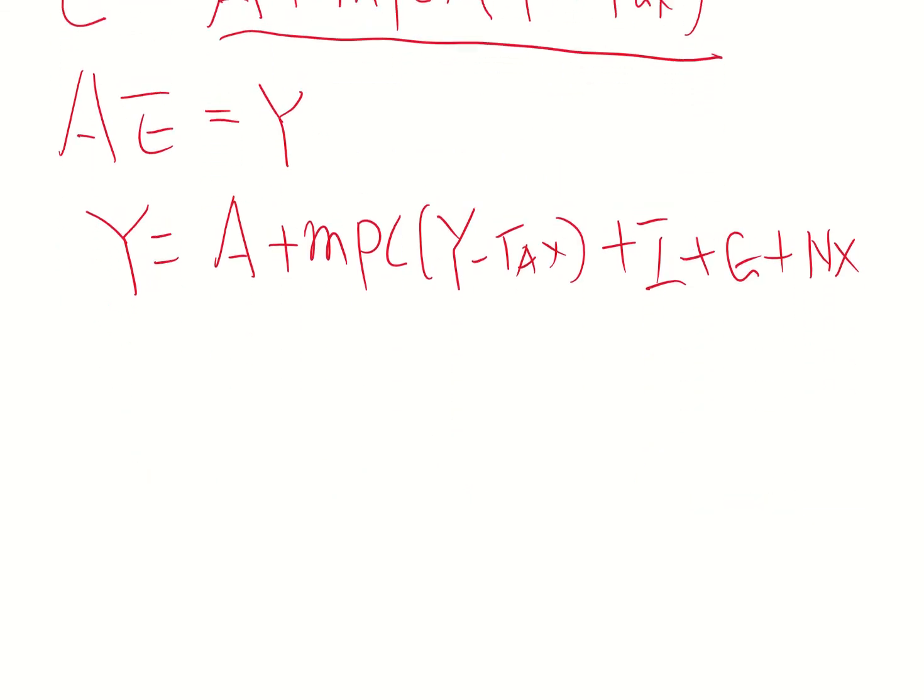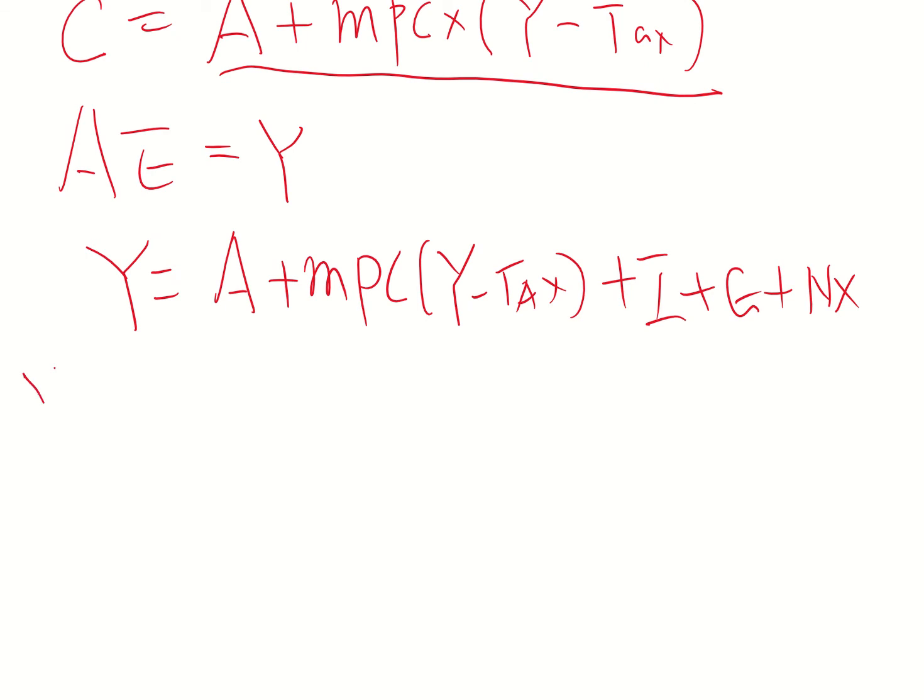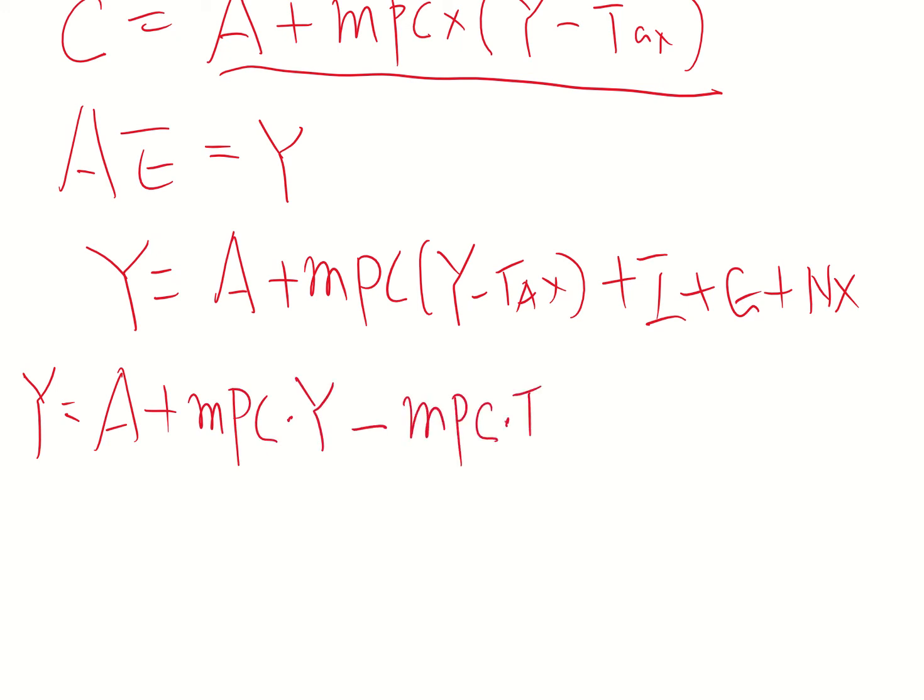And let's simplify it, right? So again, Y equals your autonomous consumption plus MPC times Y minus MPC times tax plus I plus G plus NX.